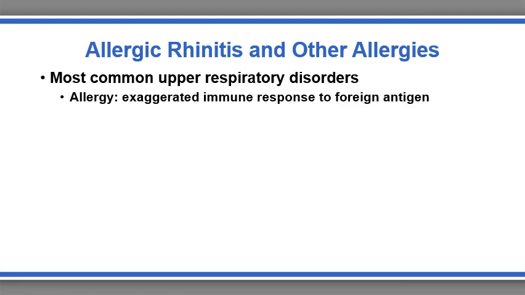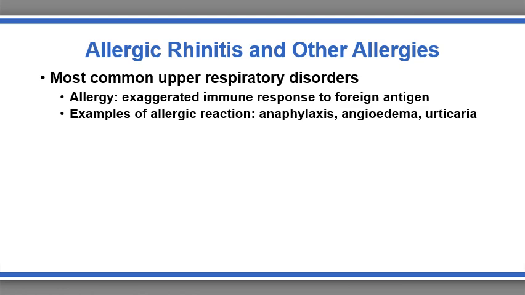Again, just briefly to review, the pathophysiology of an allergy is just an exaggerated immune response. And you have a wide range of responses that the body can have. So obviously, in more severe instances, you go as far as an individual that suffers from anaphylaxis, which we all know the respiratory emergencies that are associated with, and that could also be associated with angioedema or urticaria, which can also happen independently of a full-blown anaphylaxis reaction.